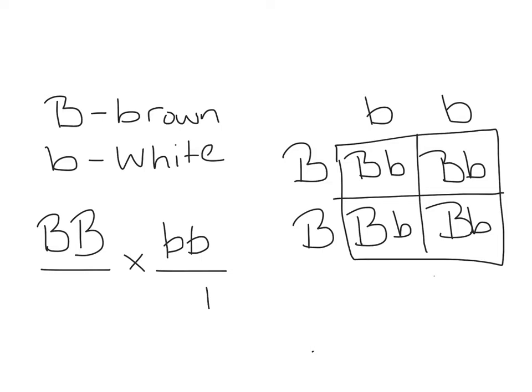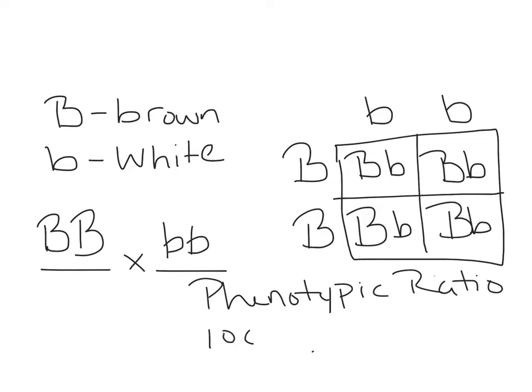So the phenotypic ratio is going to be a translation of our genotypic ratio. Okay, so what color are these rabbits? Big B, heterozygote has one dominant allele, which means that all of these rabbits are going to be brown.